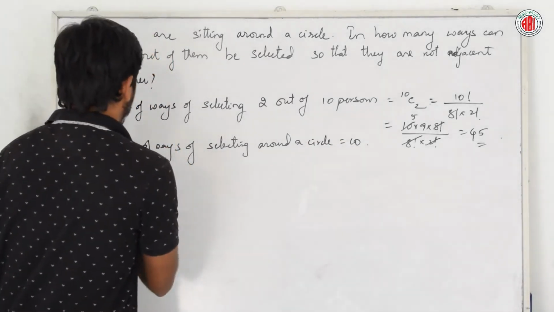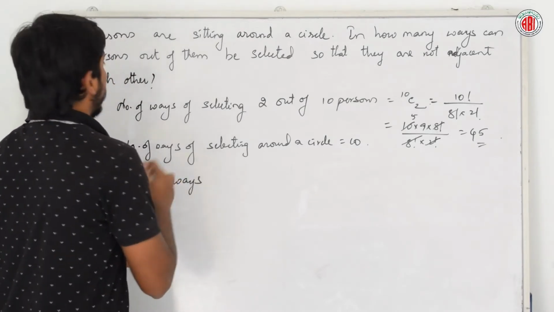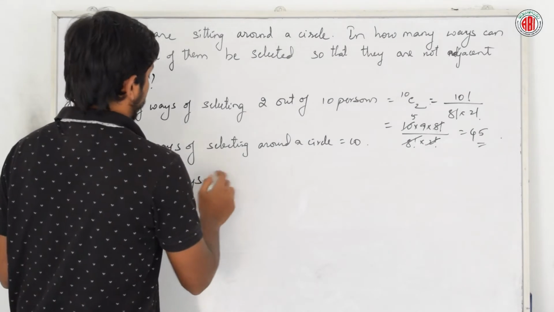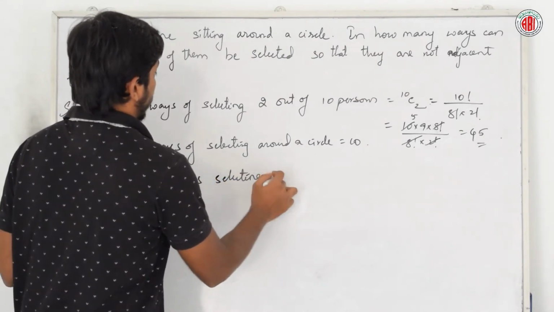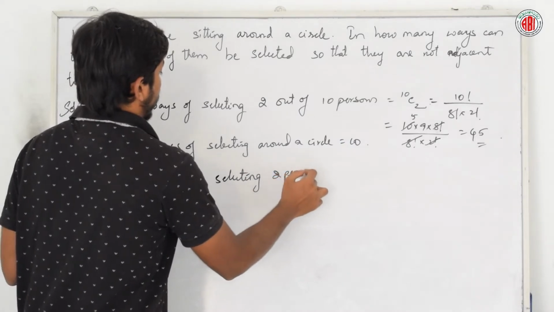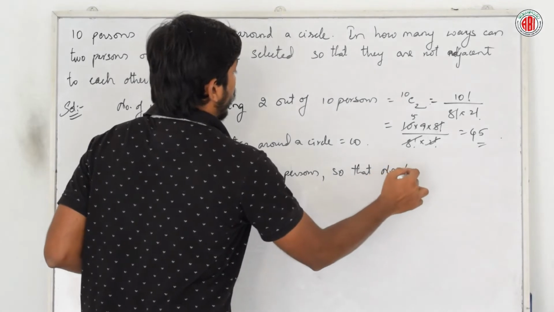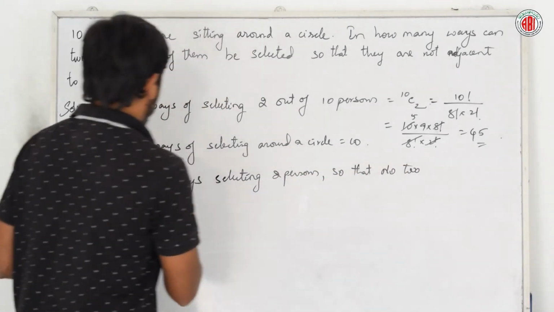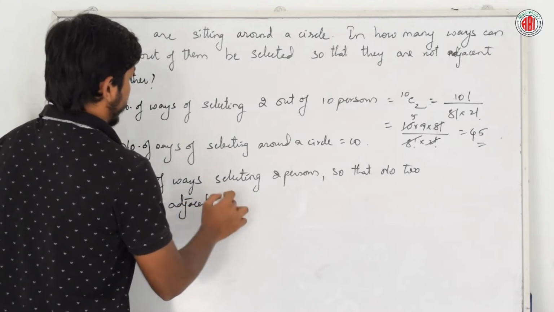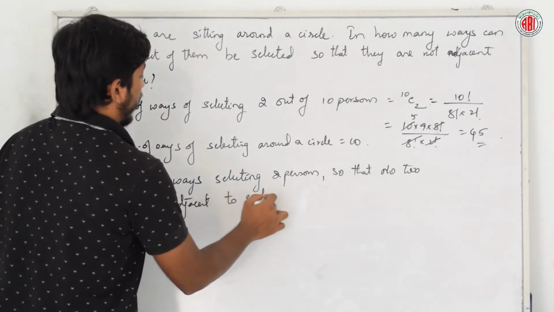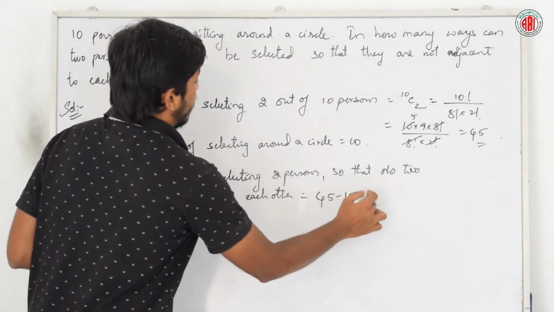So therefore, the number of ways of selecting 2 persons so that no 2 are adjacent to each other is nothing but 45 minus 10, which is 35.